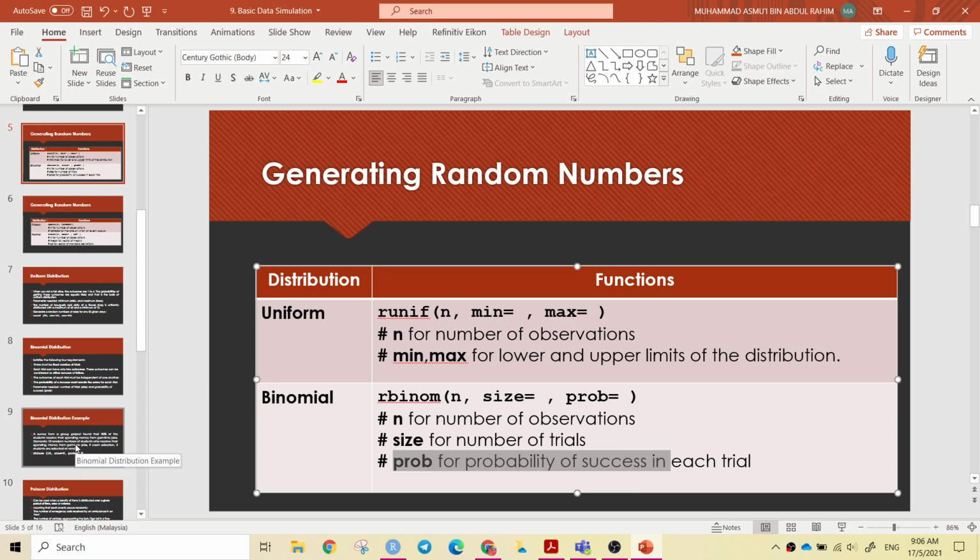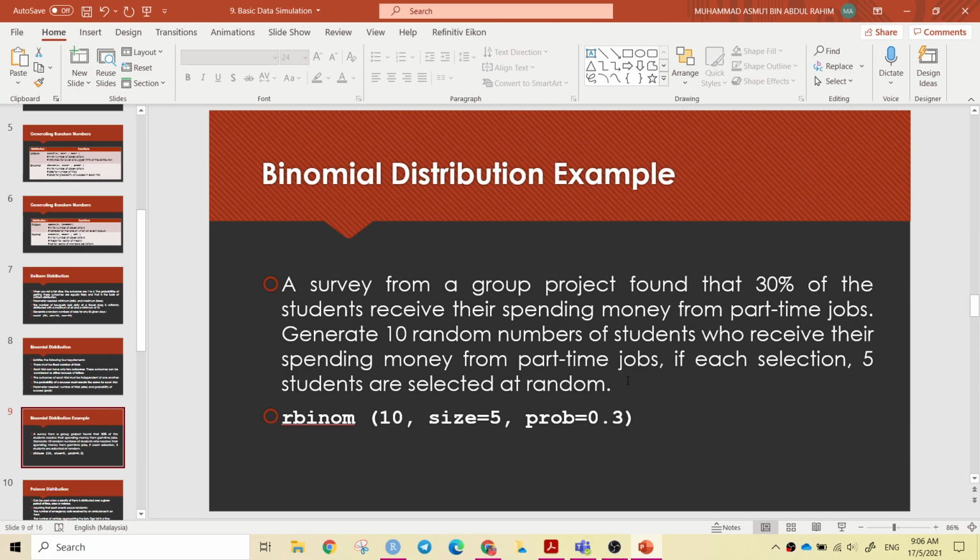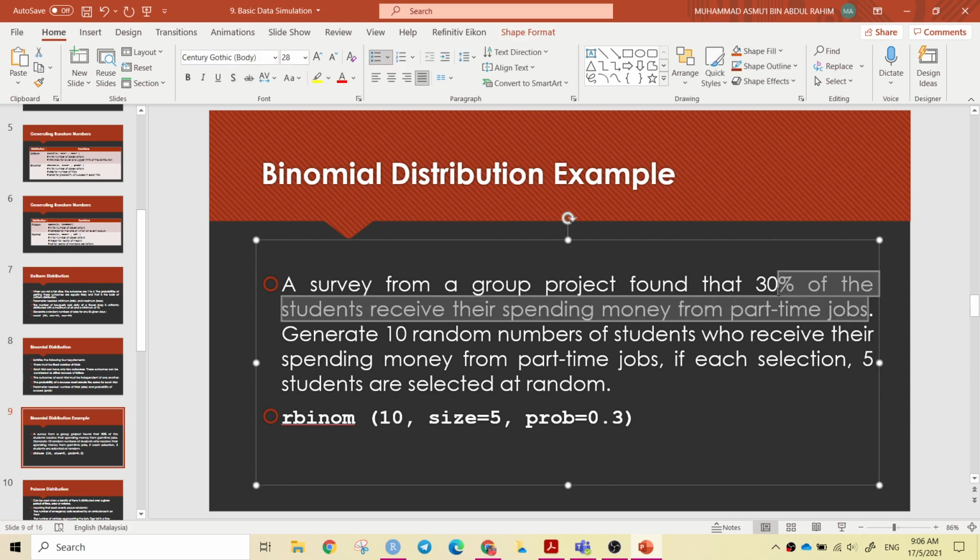Based on this example, a survey from a group project found that 30% of the students receive their spending money from part-time jobs. So this is the probability. Now I want to generate 10 random numbers of students who receive their spending money from part-time jobs.